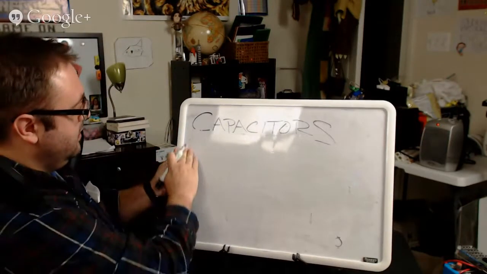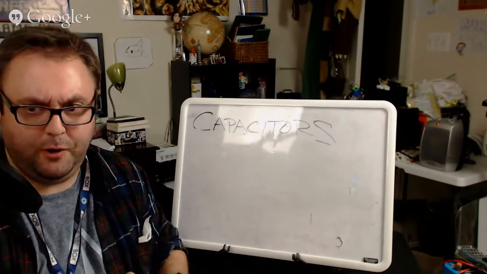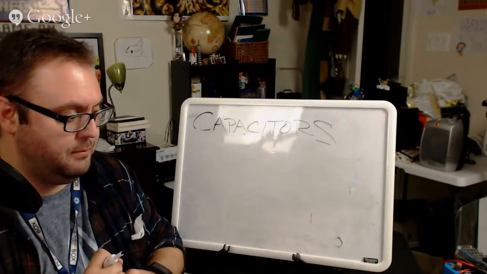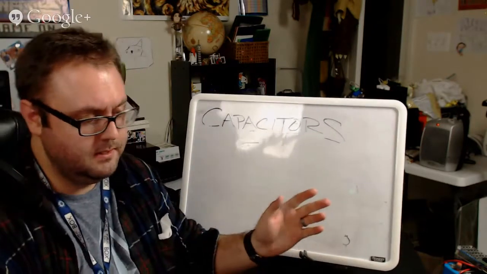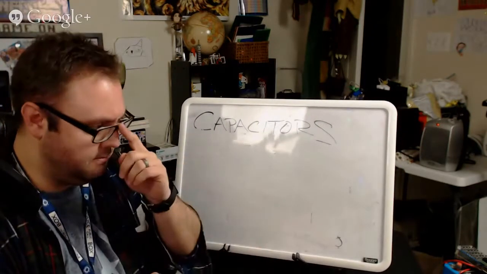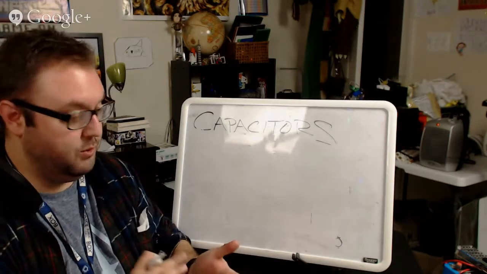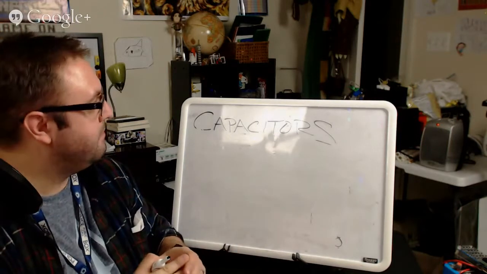So resistance is frequency agnostic. Regardless of whether I put in a DC signal or a 500 megahertz signal, the resistance part of any device, of the wire or your resistors, is the same.